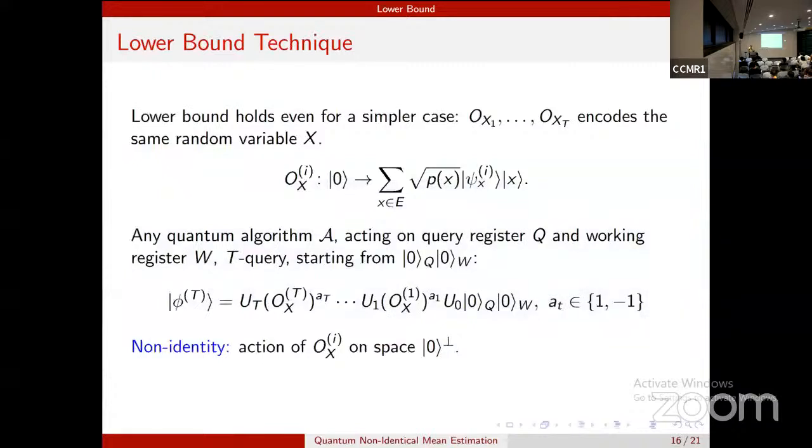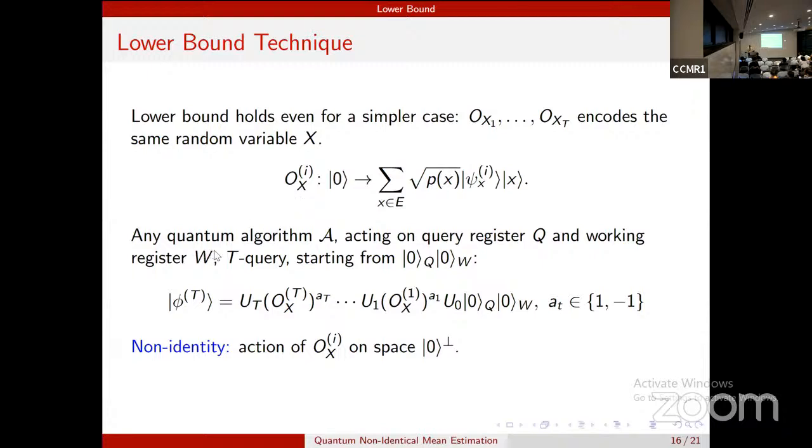We can prove that this lower bound holds even for a simpler case, even when OX1 to OXT encode the same classical random variable X. Even when the distribution is the same, we still have the non-identity of the garbage state for Xi and the non-identity of the action of OXI on the complementary space.